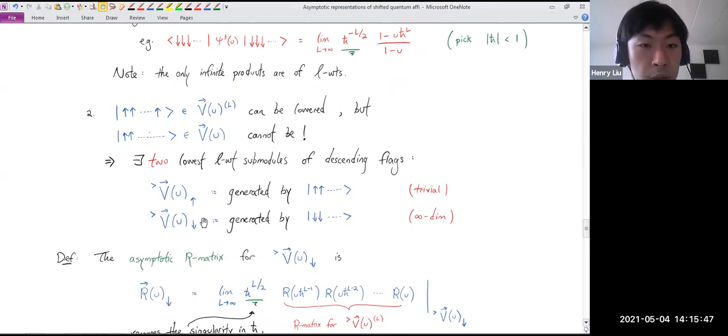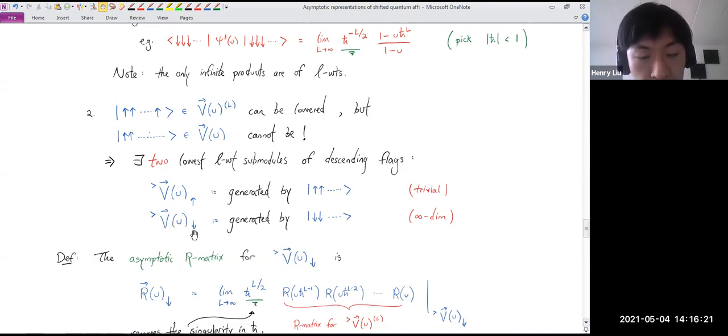And so the notation we'll introduce for these submodules is we'll write V with an arrow, less than or equal sign to indicate we're thinking about descending flags. And over here, we'll just write the vector which is like the asymptotic of your flags, the thing which your flag eventually converges to.